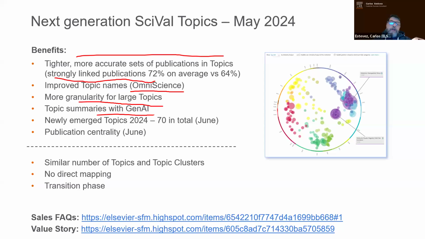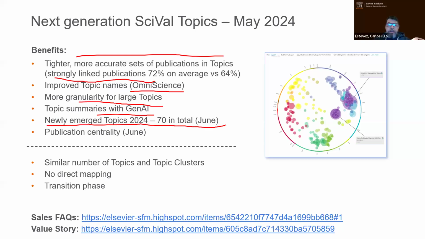We have topic summaries with generative AI. As I told you, before we had just three keywords defining the topics, but it was very difficult to understand what that meant. Now we are running an experiment to generate some meaningful text using generative AI for each of the topics, so we can understand easily and better the meaning of the documents on that research topic.